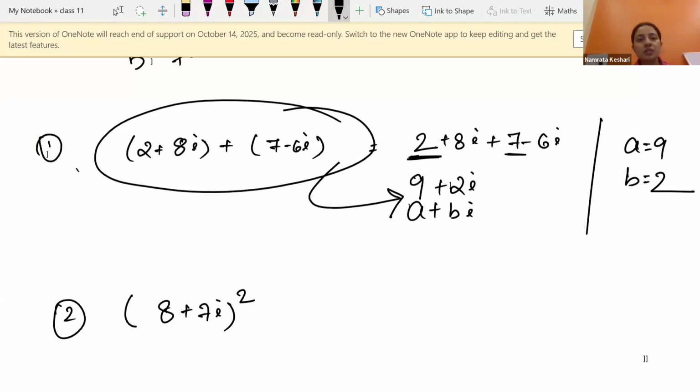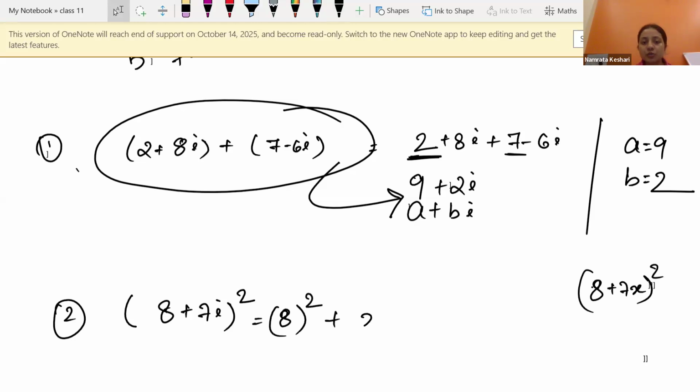The way you were using the formula in the polynomial chapter, if I give you 8 plus 7x whole square, how you will expand it quickly using the x plus y whole square formula. Similarly here also you need to expand it using the x plus y whole square formula. You'll have x square plus 2xy plus y square.